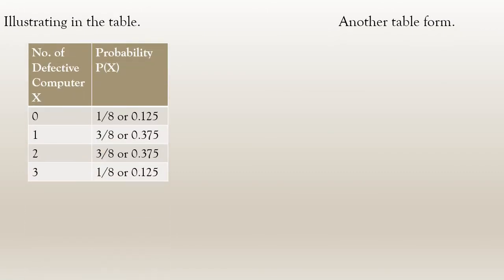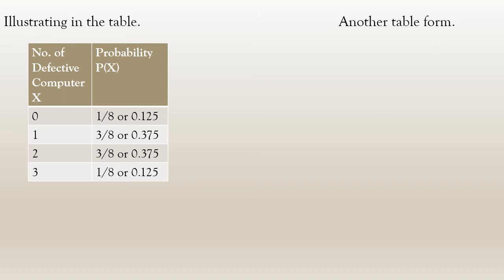So illustrating that in the table, so kung mapapansin natin sa table natin, number of defective computer, ito yung random variable x natin, 0. So ang probability natin diyan or the P of x is 1 over 8. Or pwede natin yung gawing decimal. 1 divided by 8 is the same as 0.125. So kapag ang number of defective computer natin or ang x natin ay 1, ang probability niyan ay 3 over 8 or 0.375.